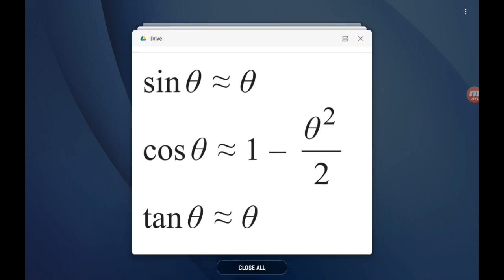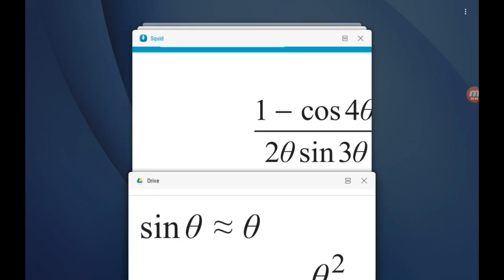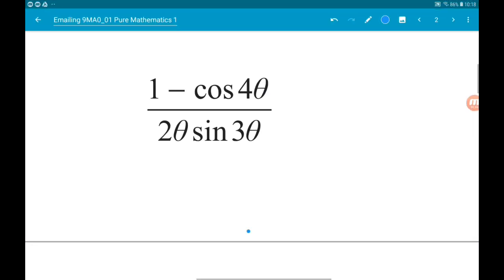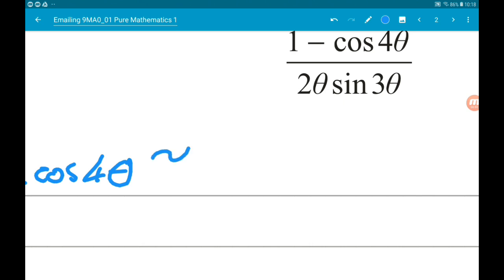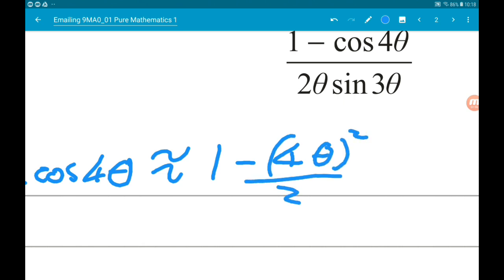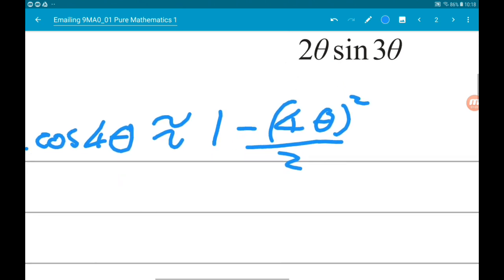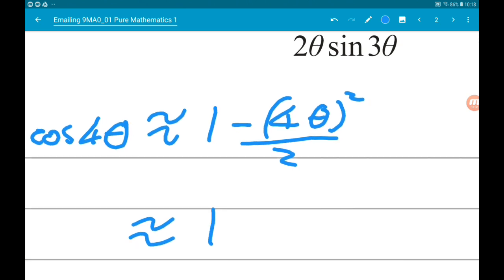So cos of 4 theta is approximately 1 minus all of 4 theta squared over 2, which is approximately 1 minus 16 theta squared over 2.